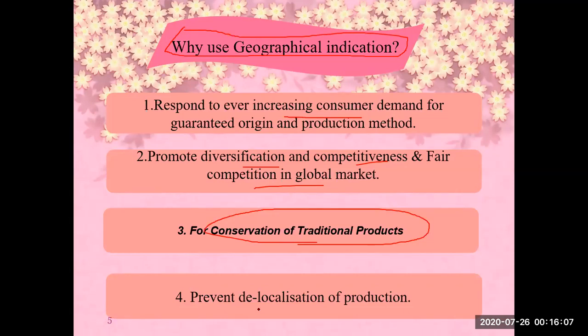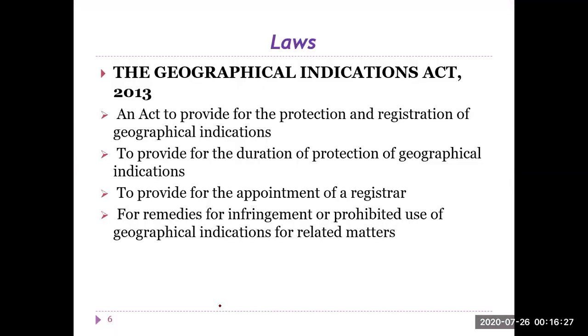That land is fertile for that product. For example, mangoes are best for Rajshahi. That land is mostly fertile for mangoes, so if people produce more mangoes there, it is best for Rajshahi. So production will not be delocalized.